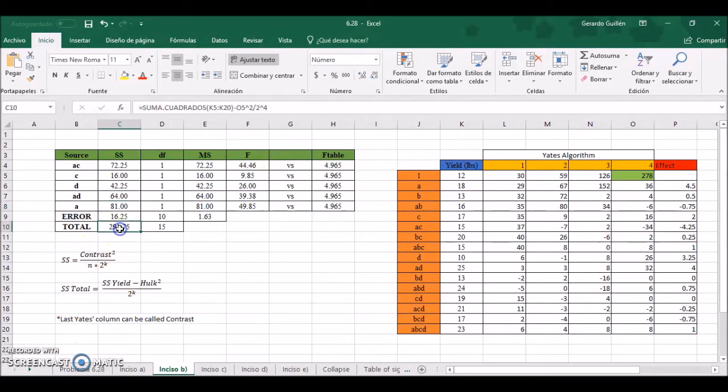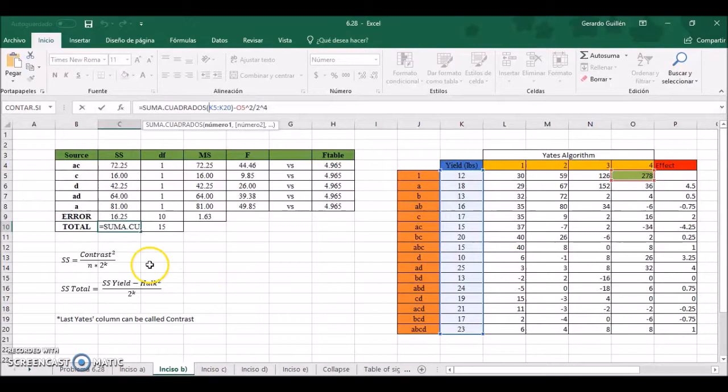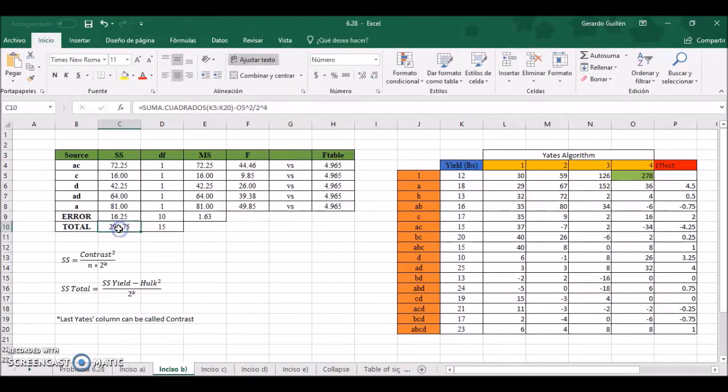To get the total sum of squares, we are going to sum the squares of the yield, which is this column, and subtract the correction factor. That is going to be this one in green, because it's the greatest value of the Yates algorithm. This one is raised to the second power, and what we get we divide by 2 to the fourth, and this is what we get.